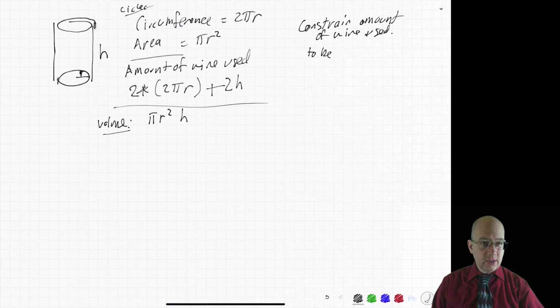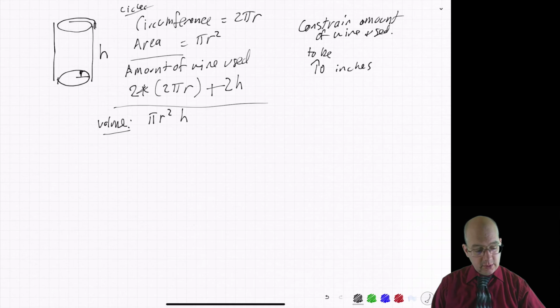let's just say 10 inches. Let's see where that takes us. Let's see. Well, maybe 20.